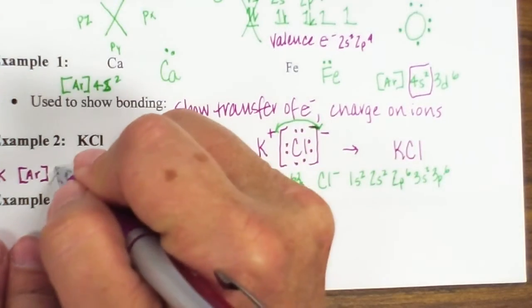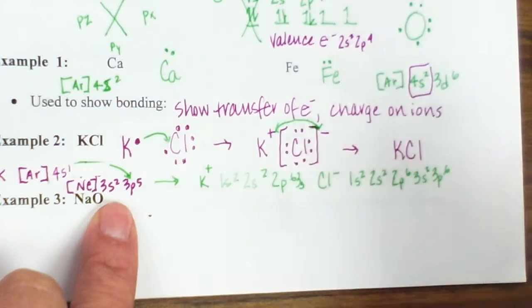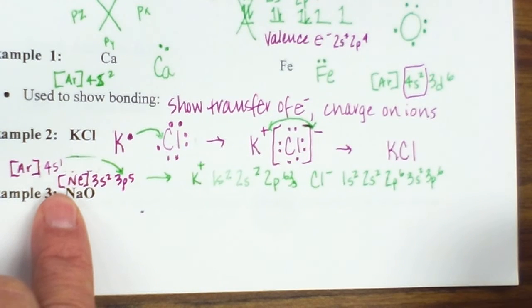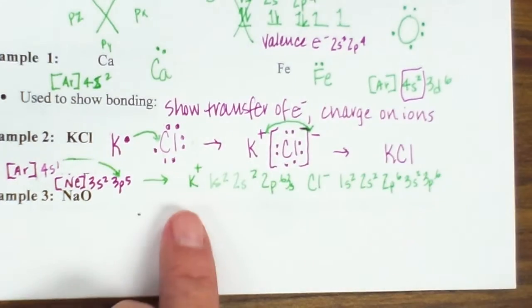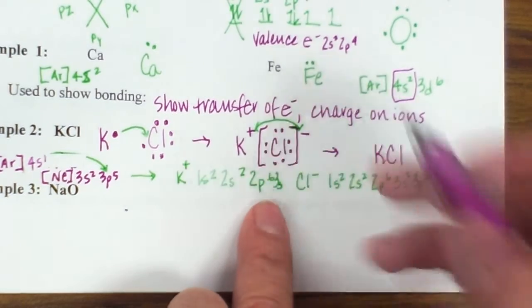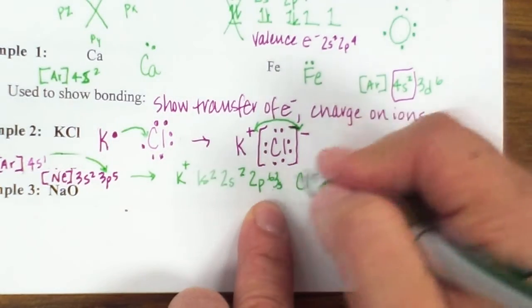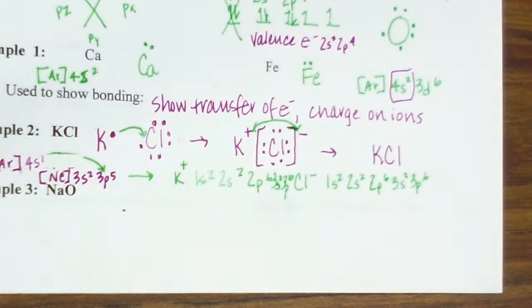And over here, this should have been neon to argon. That's correct. Yes, I see what you're saying: 3p6, to argon. Yes.